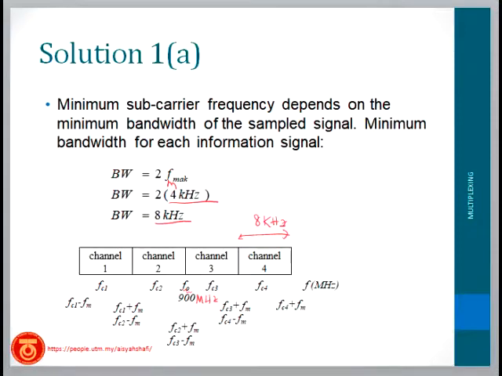So the center is here. And in each system, we have the carrier frequency. We have the center carrier frequency, and this channel goes through the band pass filter.